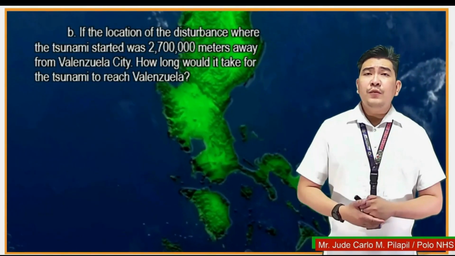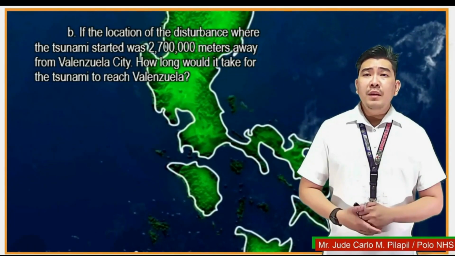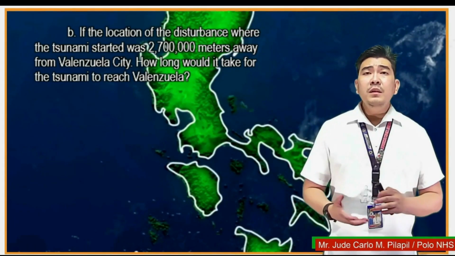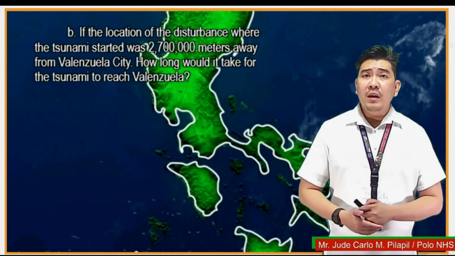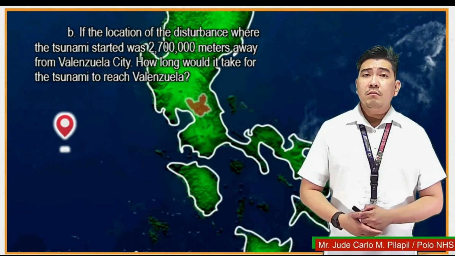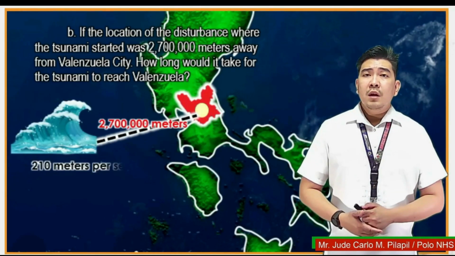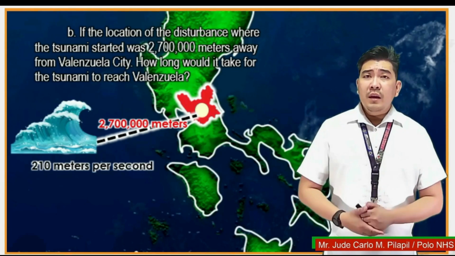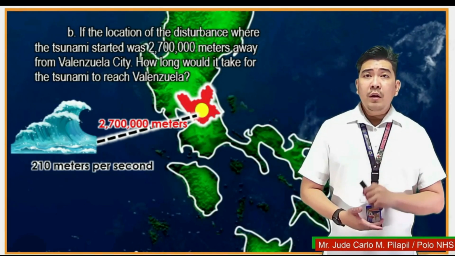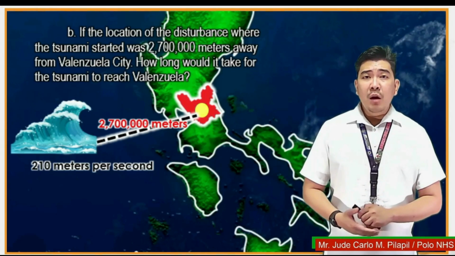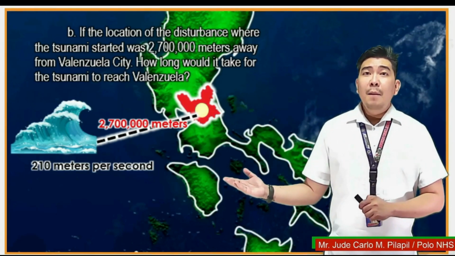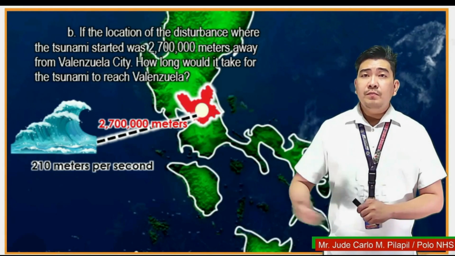If the location of the disturbance where the tsunami started was 2,700,000 meters away from Valenzuela City, how long would it take for the tsunami to reach Valenzuela? Remember that the speed of the tsunami is 210 meters per second.